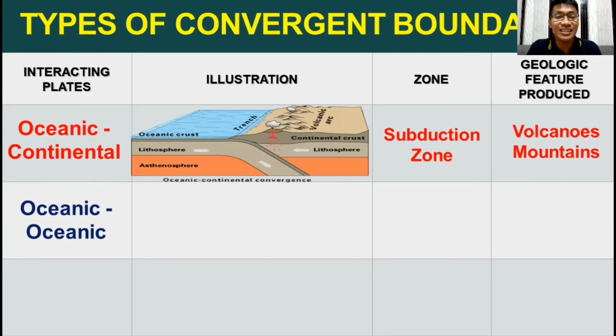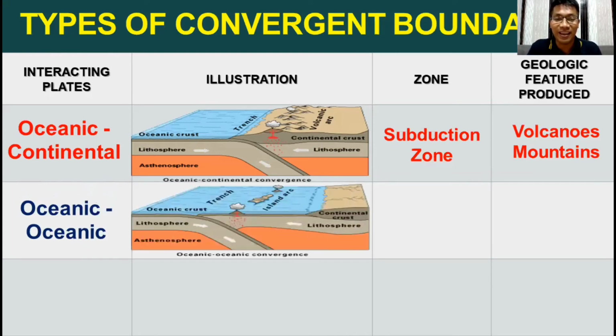Second is oceanic. So we got two oceanic plates interacting to one another. And it looks like this. Same thing, there is the subduction zone. So one of them would sink. Tama.